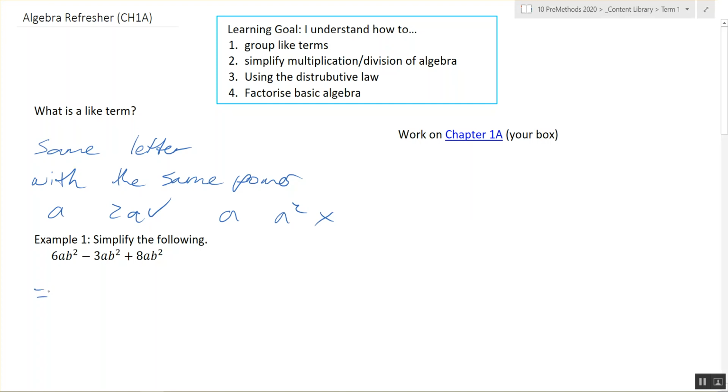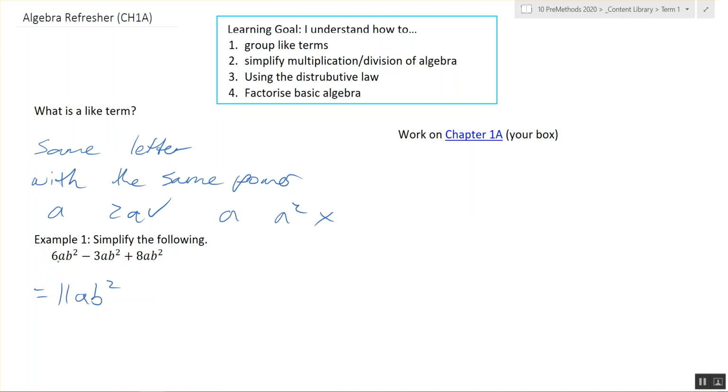So we're just doing something with these numbers at the front. 11ab squared. The letters stay exactly the same because we're just grouping the like terms. It's like 6 bananas minus 3 bananas plus 8 bananas. We end up with 11 bananas.